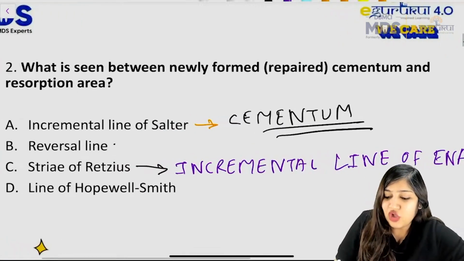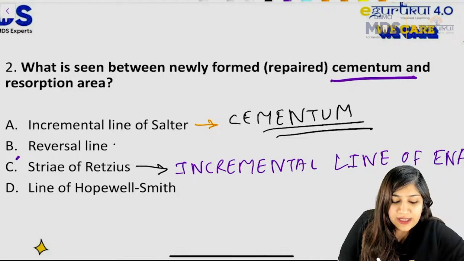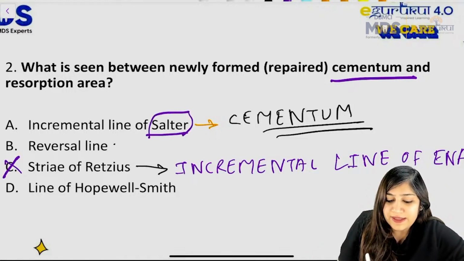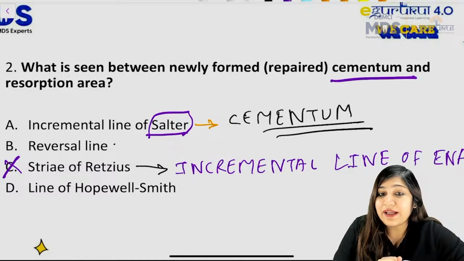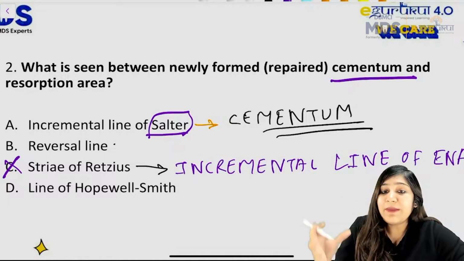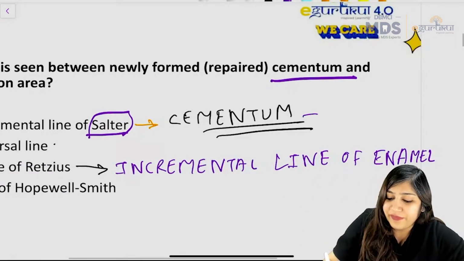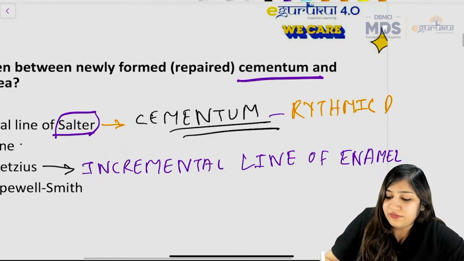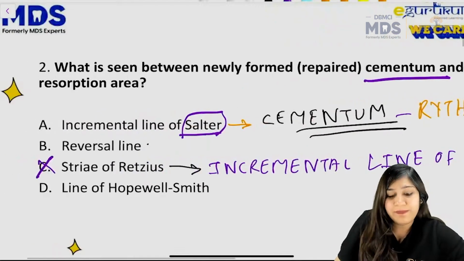So basically we are talking about cementum, so this can't be the correct option. The line of Salter is basically the incremental line of cementum, but it is depicting rhythmic deposition of cementum. So this is also not the correct option, right?